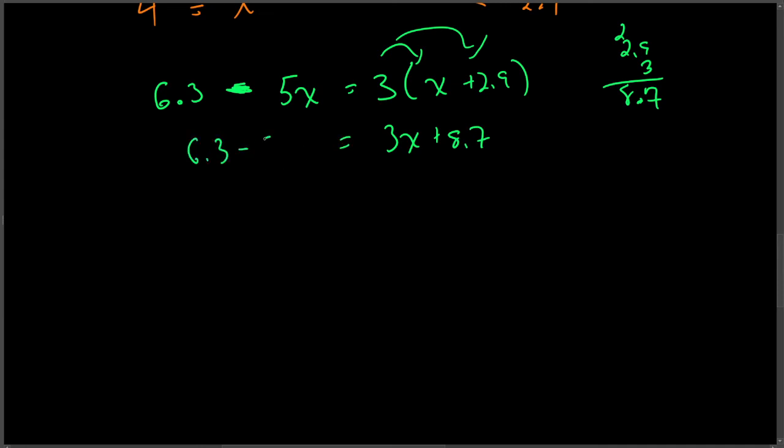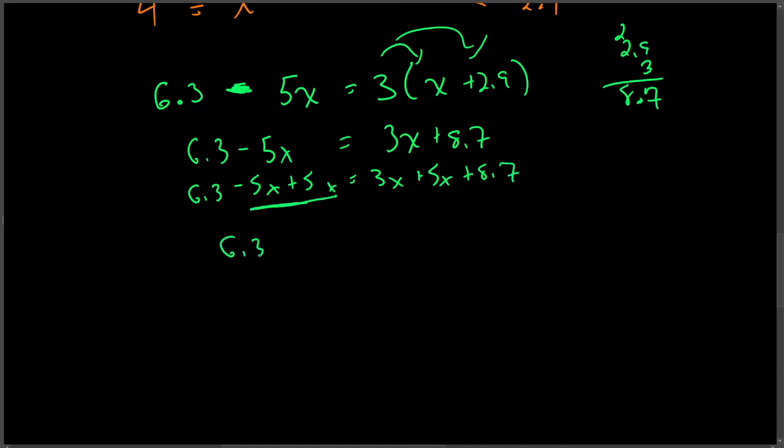Now I want to get all my variables on the same side and all my numbers on the same side. Well, I think I want to keep my variables positive. So I'm going to add 5x to both sides. These will go away because I'm doing that on purpose. These will combine because they're like terms.